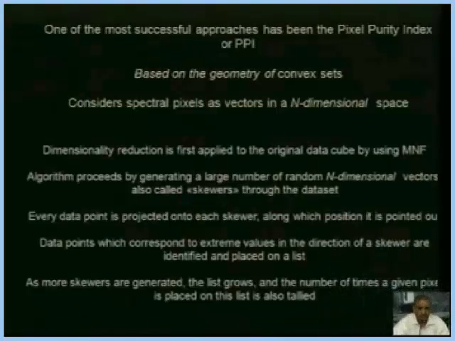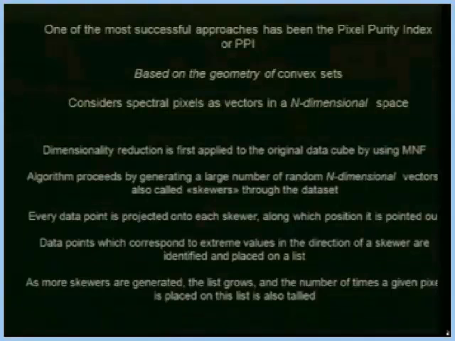In fact, this is one of the most successful approaches. It is based on the concept of convex sets, wherein it considers spectral pixels as vectors in n-dimensional space. The pixel purity index algorithm operates like this. It first applies dimensionality reduction using MNF. Then it proceeds by generating random n-dimensional vectors, called skewers, through the data set.